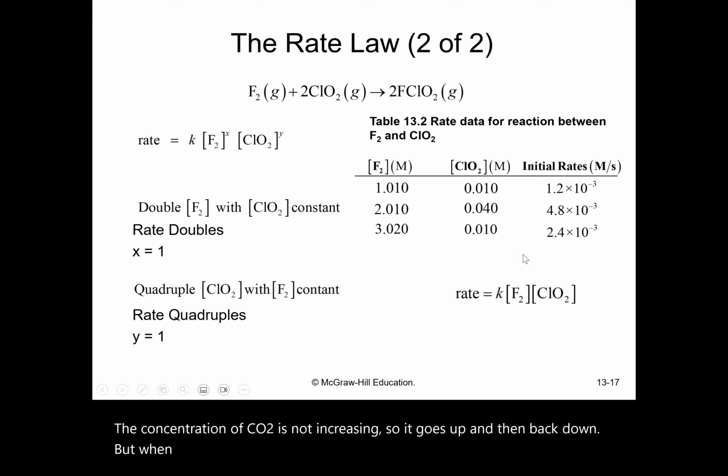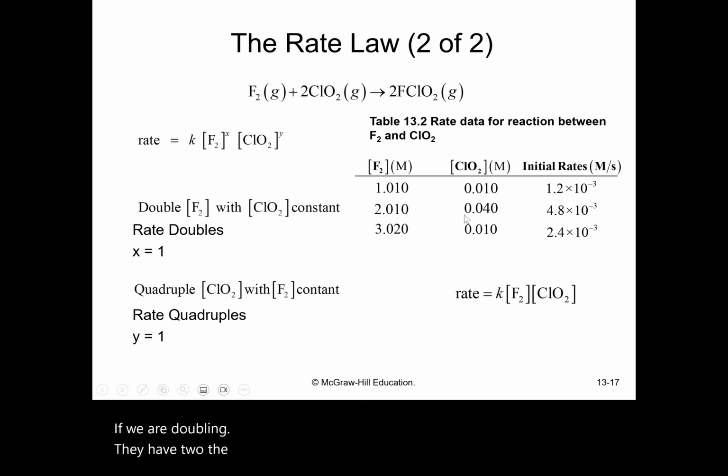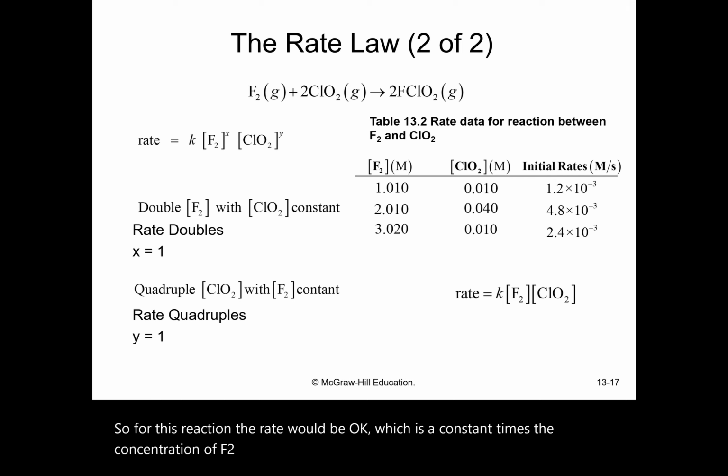But when we compare, we see that if we double the F2, the rate is doubled. And if you quadruple ClO2, the rate quadruples. So for this reaction, the rate would be K, which is a constant, times the concentration of F2 times the concentration of ClO2.